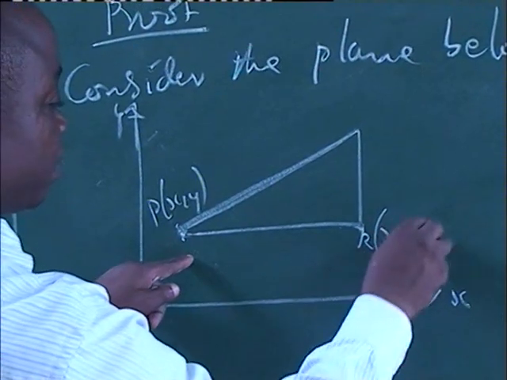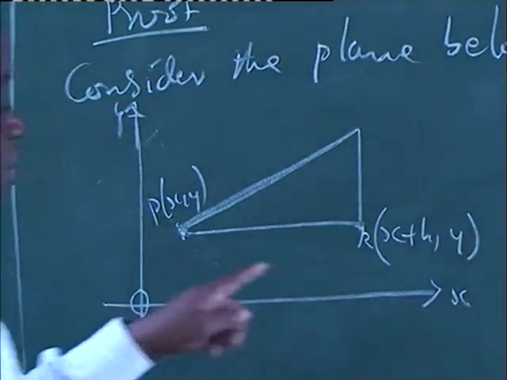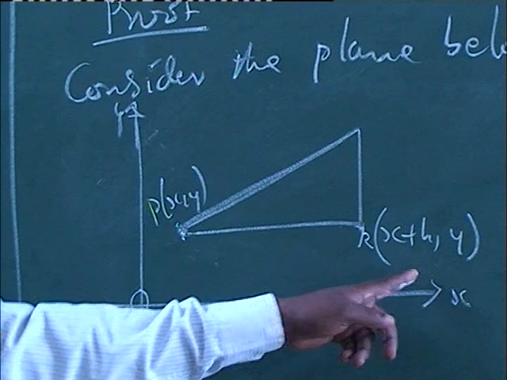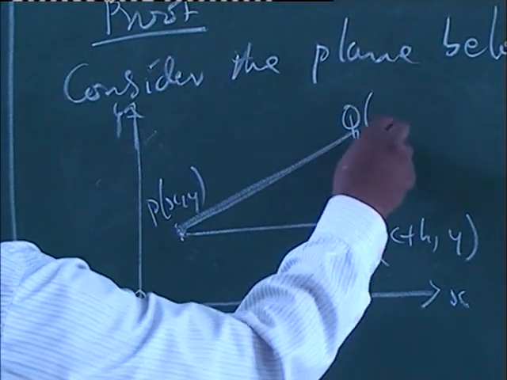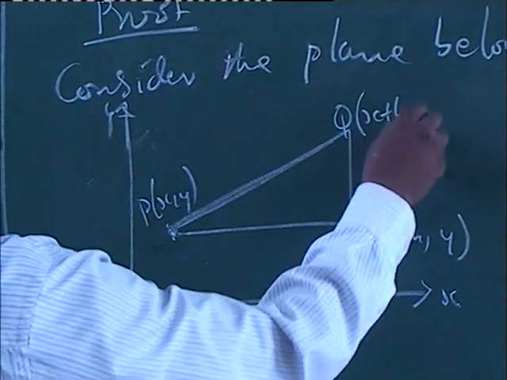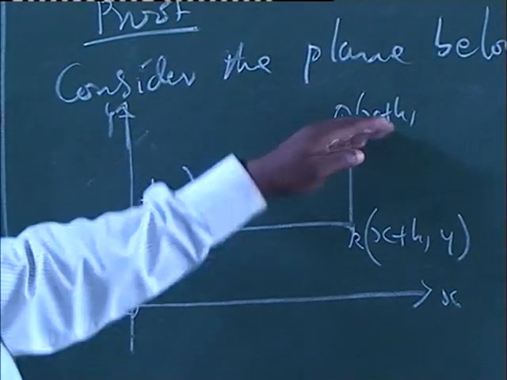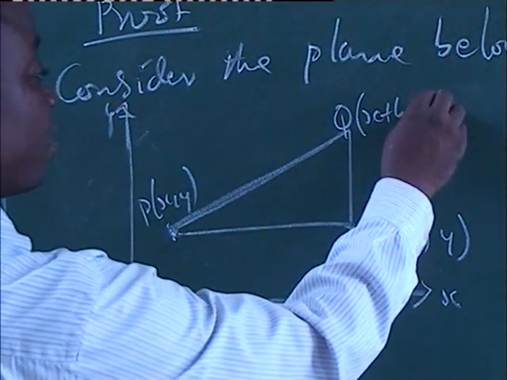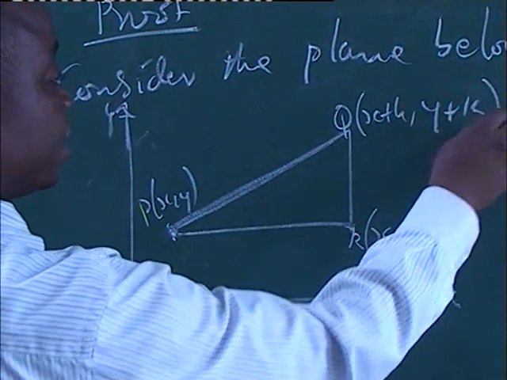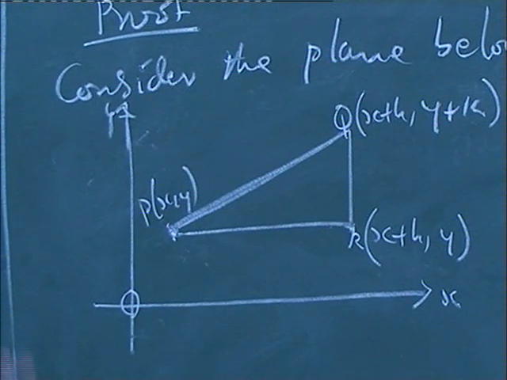So I have x plus h, and y is a constant at that place. Now if we move to this point, call this point Q, x plus h is a constant here; we have already had it here. So moving to this place, there is an increase also in y, and the increase is k.